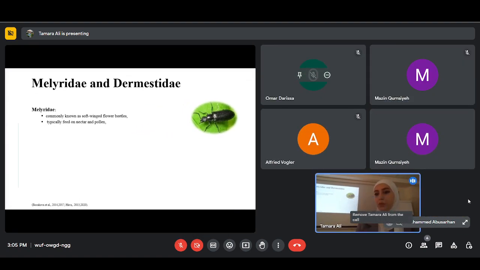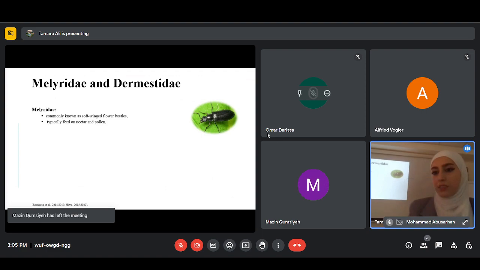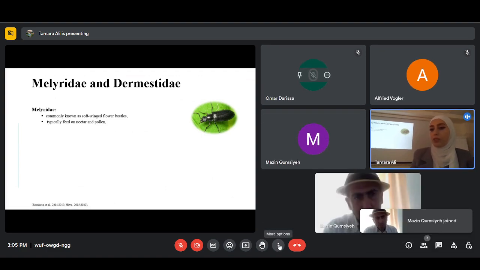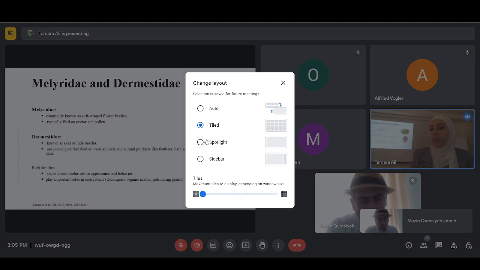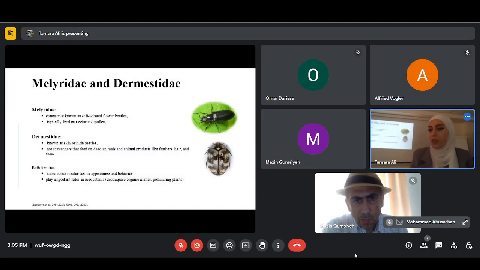Meliridae and Dermestidae are both families of beetles that belong to the order Coleoptera. Meliridae is commonly known as soft-winged flower beetles, while Dermestidae is known as skin or hide beetles. These families share similarities in appearance and behavior.